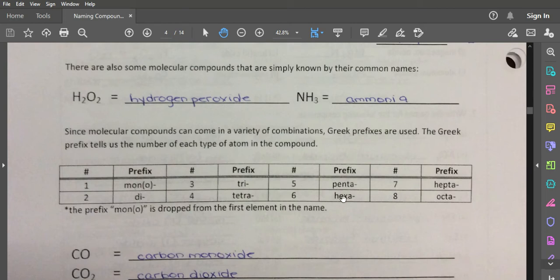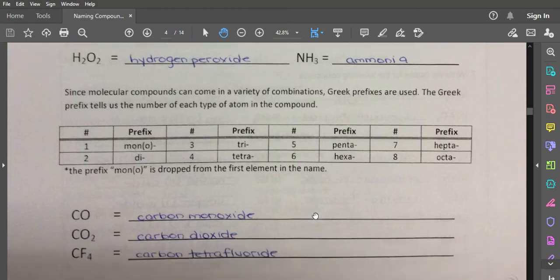So these are some prefixes we're going to need to know. The only big thing that happens is mono is only used for the second element in the molecule. We don't call it monocarbon monoxide, it's just carbon monoxide, right? But if you have multiples of the first element, we'll use any of the other prefixes.